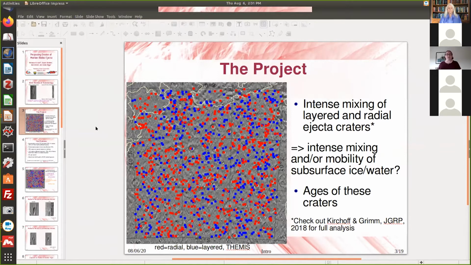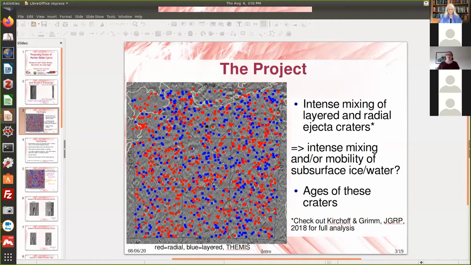While we were doing this, we also found that when we plotted up the classifications from Stuart's database, there was this intense mixing of layered and radial ejecta craters. In this figure, you can see the locations of radial craters plotted in red, and layered craters plotted in blue, on a THEMIS mosaic. You can see there are lots of radial craters forming right next to layered craters.